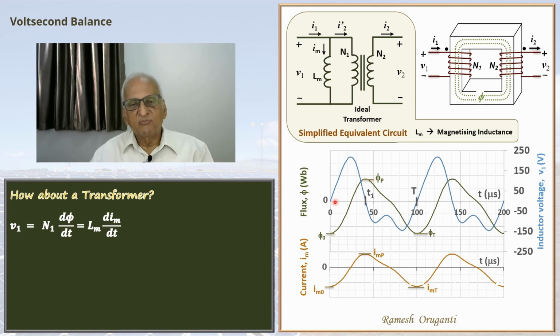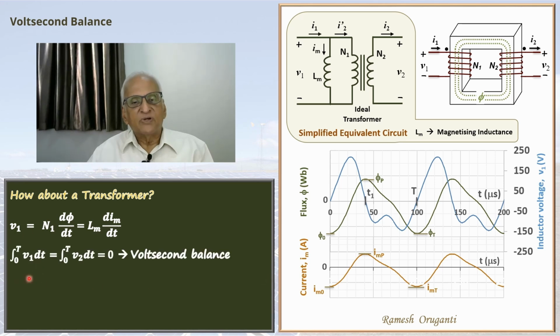So the voltage waveform goes through a peak and comes back to 0. And between t1 and t, the flux is going down, so the voltage will be negative, and so on. So you can explain the voltage waveform either with the phi waveform, flux waveform, or using the current waveform. So from this, following the same method that we did earlier, we can get integral 0 to capital T V1 dt equals to 0.